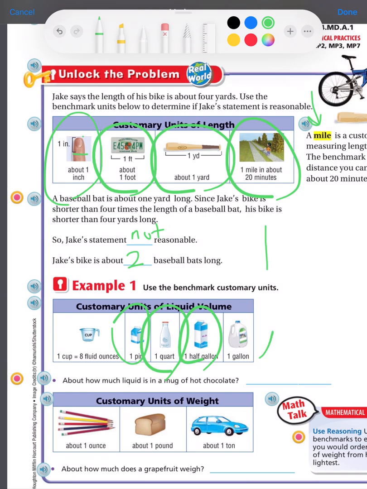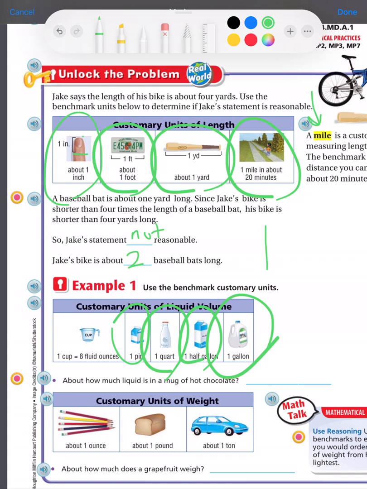But typically, we buy the gallons of regular milk. And a gallon's probably the one that's easiest to think about. Milk comes in gallons, iced tea comes in gallons, water comes in gallons. Gallon is a very common measurement in the customary system. So when somebody says a gallon of something, you should think of a gallon of milk or a gallon of water.